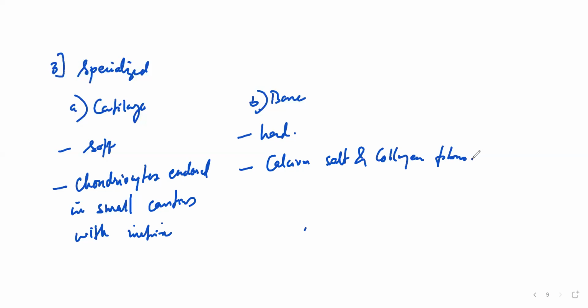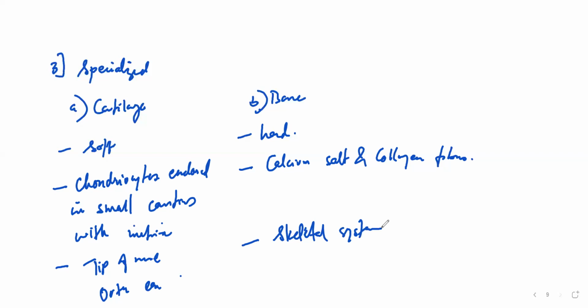Cartilage is where, because it is a soft tissue, wherever the flexible parts are, there you will find it. Like for example, the tip of the nose or the outer ear, all these will have cartilage instead of bone. Whereas bones you will find in the skeletal system, legs, limbs, wherever hard things are, there all the bones will be present.